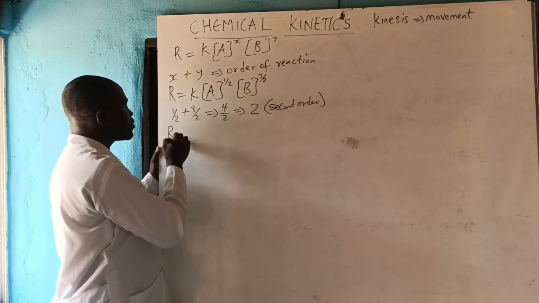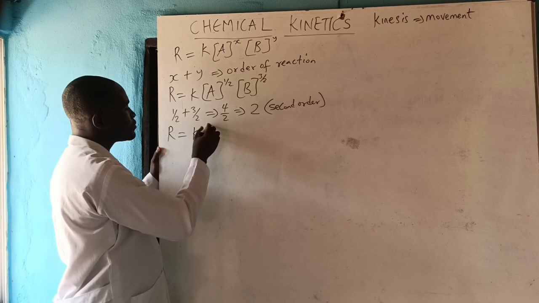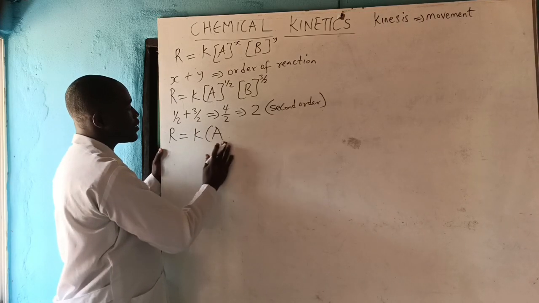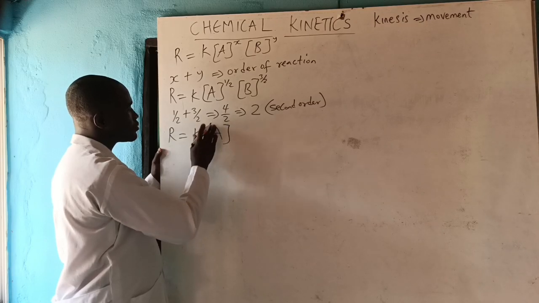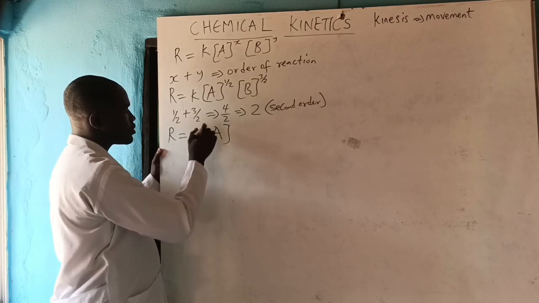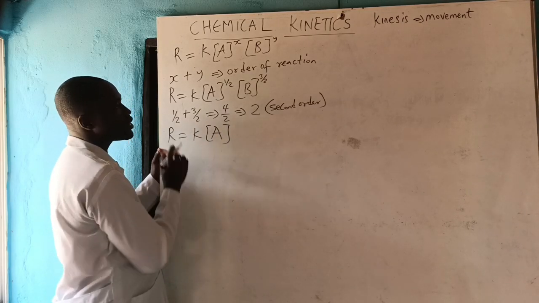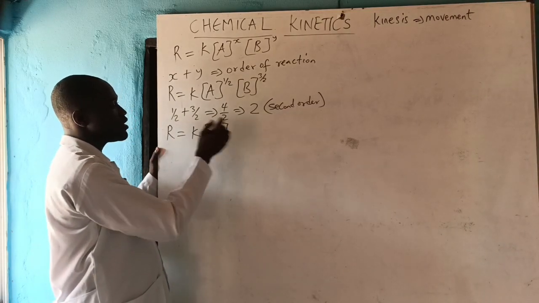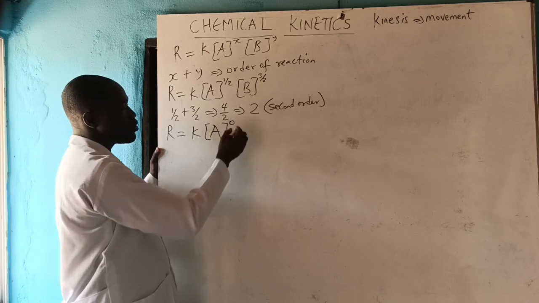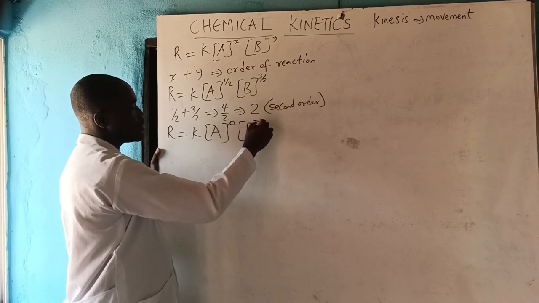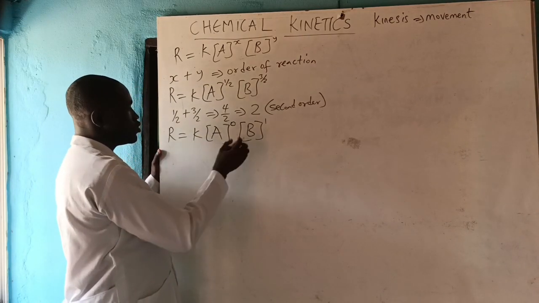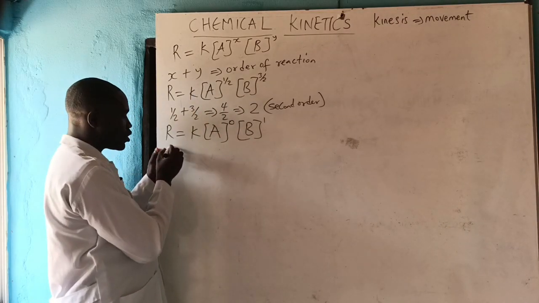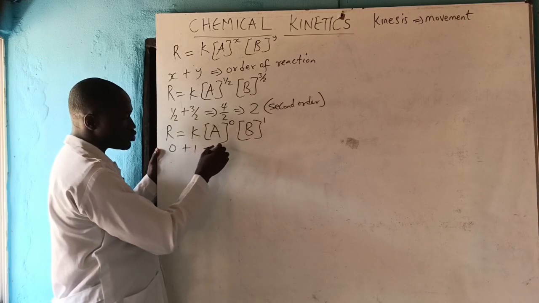Then when r equals k[A]^0[B]^1, where the brackets simply mean concentration, you will notice that x plus y equals 0 plus 1 equals 1.